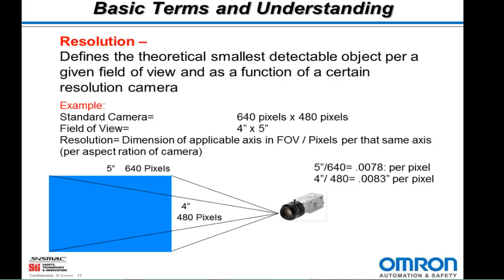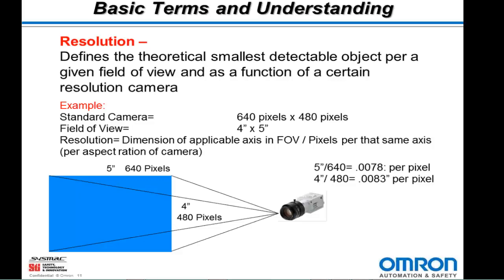What Omron typically does is take this number, this 0.0078, multiply it by 15, and that's what we consider to be a stable, consistent, detectable minimum object. So whether it be a defect, or a gauging or measurement application, that's basically what we go to market comfortably with.